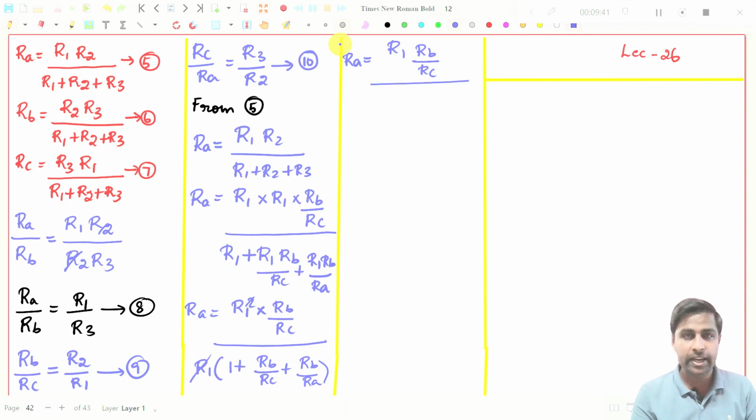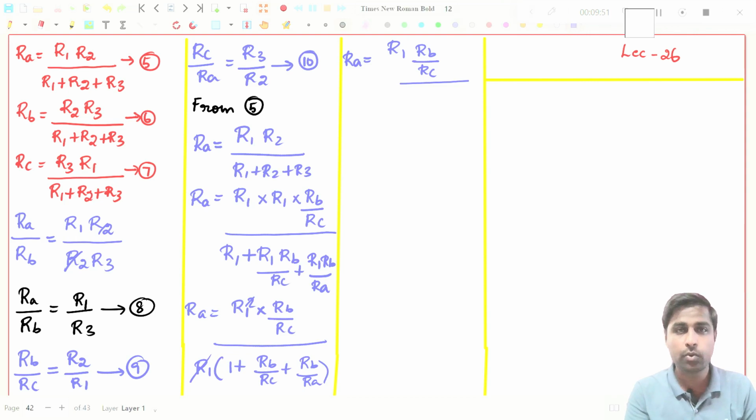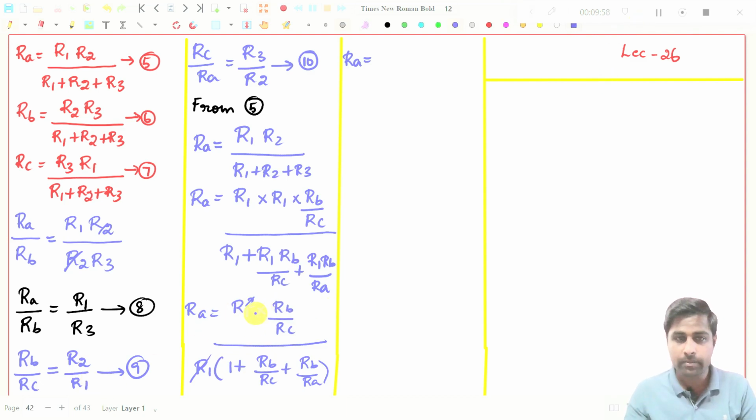One minute, what we will do now: we will keep this R1 RB in the numerator, then we will bring this RC to the denominator. That will be very easy, and that will give you much more clarity. So this R1 RB you keep as it is, and you bring this RC to the denominator side.